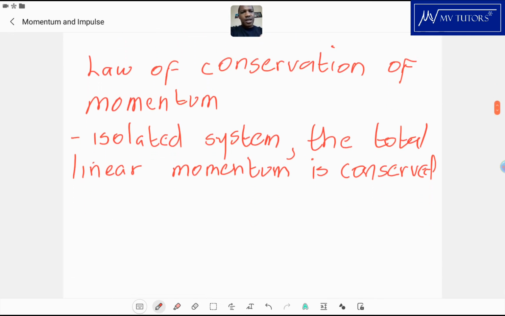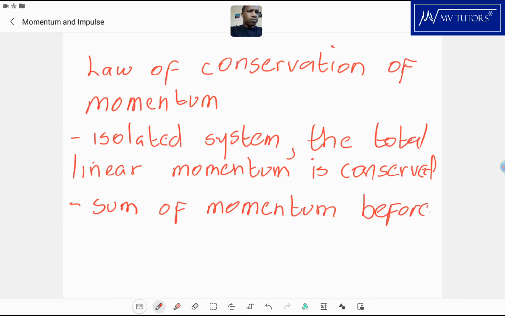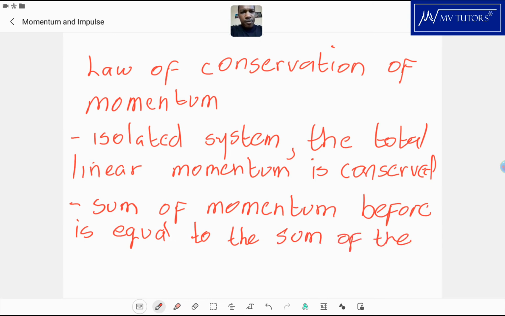What does this mean? It means that the sum of the momentum before is equal to the sum of the momentum after.